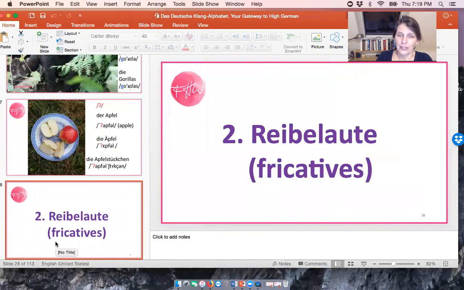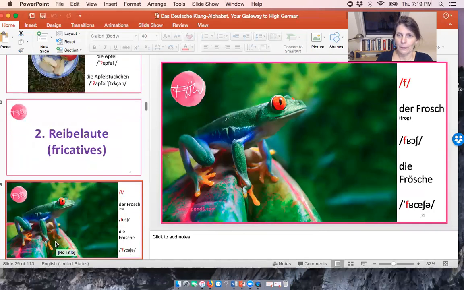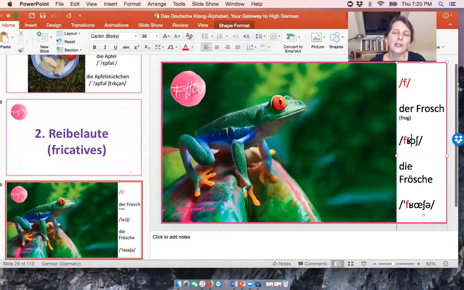Fricatives, moving on to fricatives. There we go. I love this picture. Der Frosch, frog, Frosch. And there, I'm going to make another video about that. I could possibly have used a different symbol.